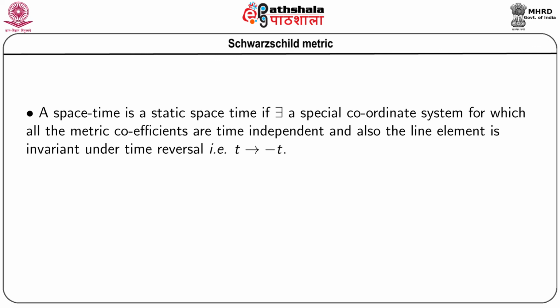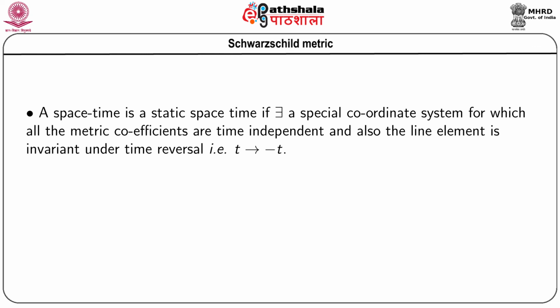Now, a space time is called static if there exists a special coordinate system for which all the metric coefficients are time independent, and also the line element is invariant under time reversal.